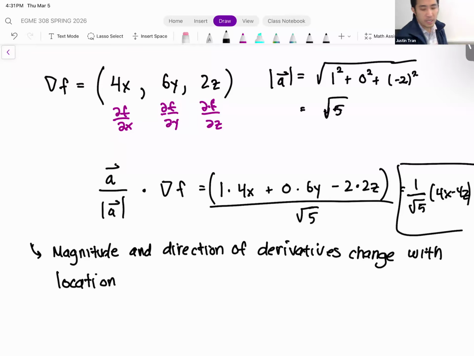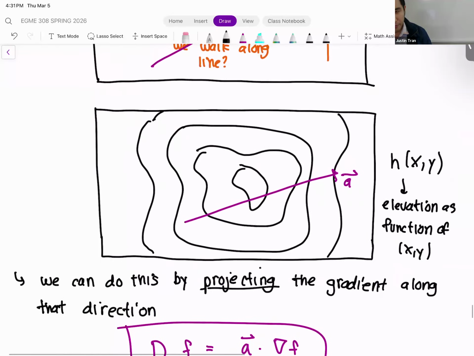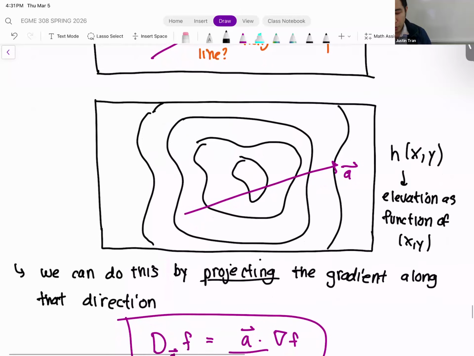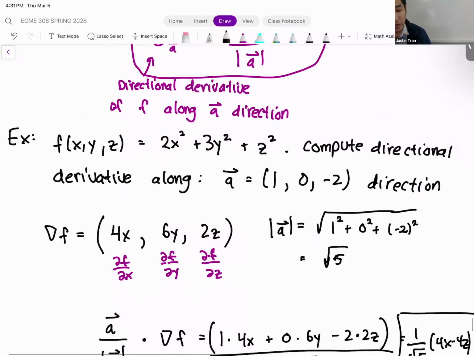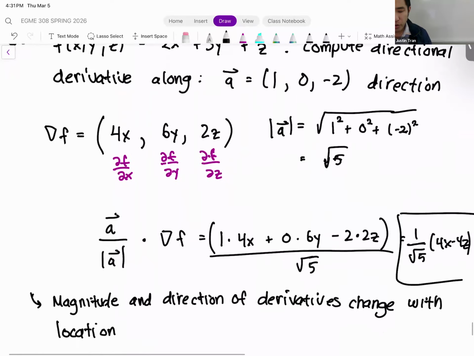If you go back to our example of the elevation plot, if you've ever been in any kind of mountainous region, you know that the elevation and the rate of change of the elevation is different depending on where you are. That's just how the natural landscape is. So one thing you might see is that maybe we're interested in the rate of change at a very particular location.